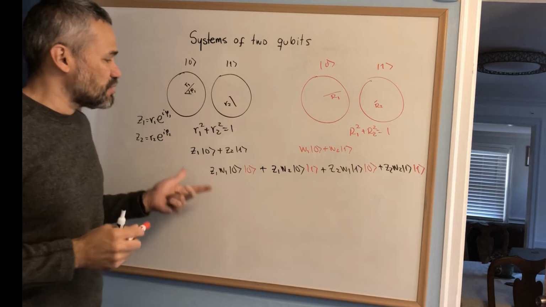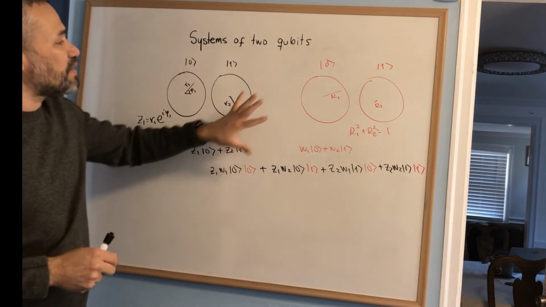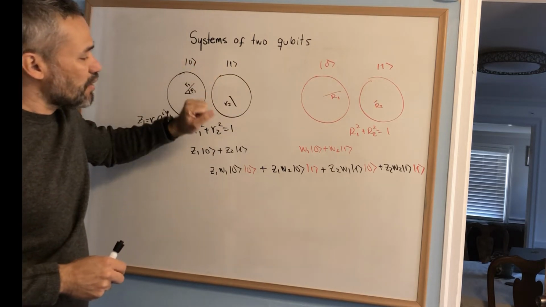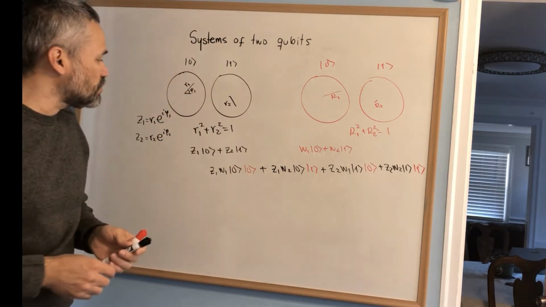And this works perfectly, but the problem is that in order to differentiate what information comes from this qubit and what information comes from this qubit, we will need to use two colors, and we don't want to do that.